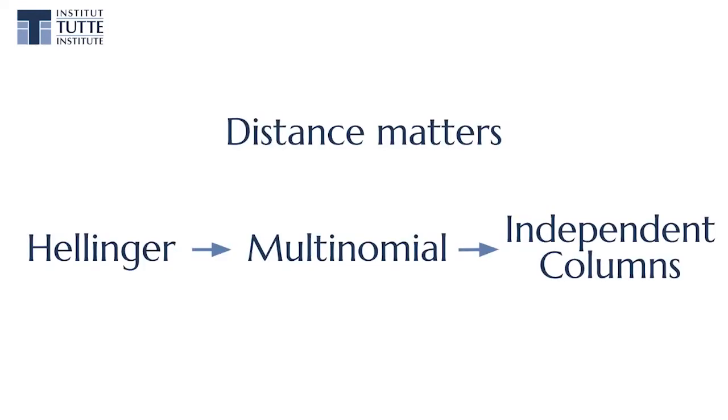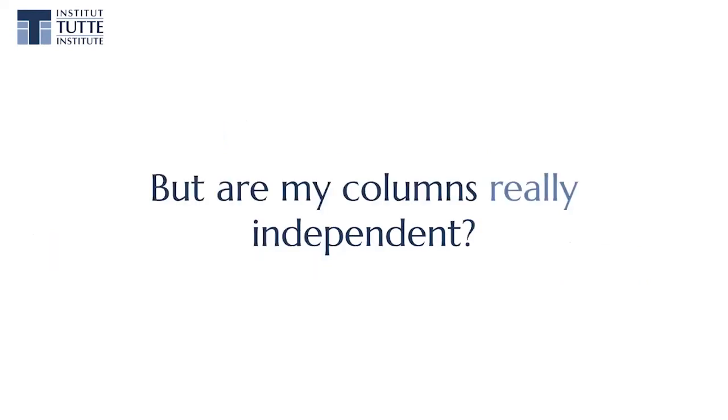But I said at the beginning that distance matters. Hellinger distance or cosine distance assumes that we're working with multinomials, and that in turn assumes that we have independent columns, that each of these columns is independent from each of the others. But are my columns really independent? The answer is no. Some words are quite similar to others, while other pairs of words are entirely orthogonal and distinct and have no relation to each other.